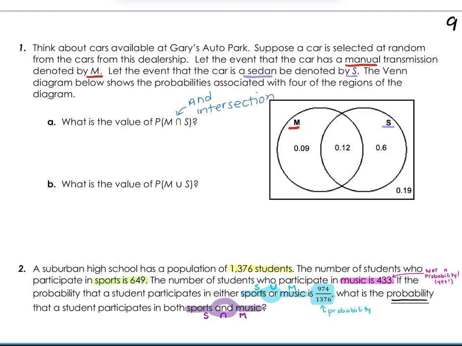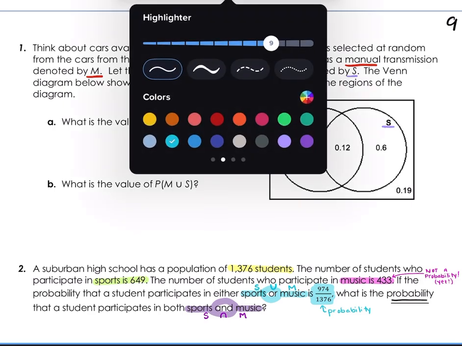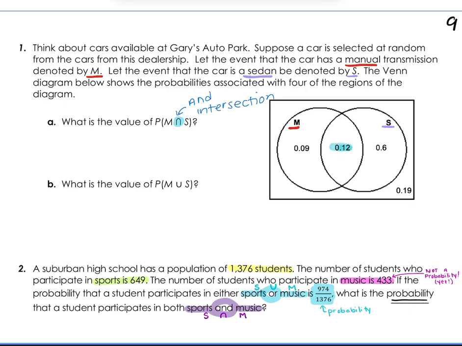It's really important that you know the symbols, because if you don't know what that symbol means, you're not going to know where to look on the Venn diagram. That intersection is usually the easiest to find, because it is quite literally right in the middle. It is the intersection of those 2 circles. So that's the easy one.